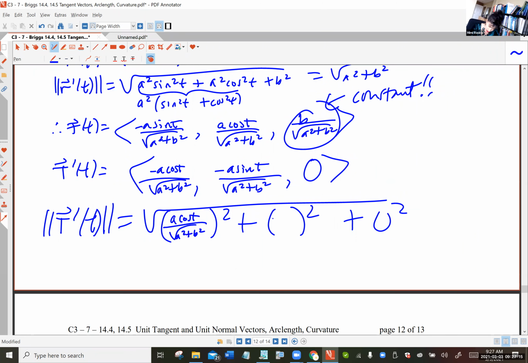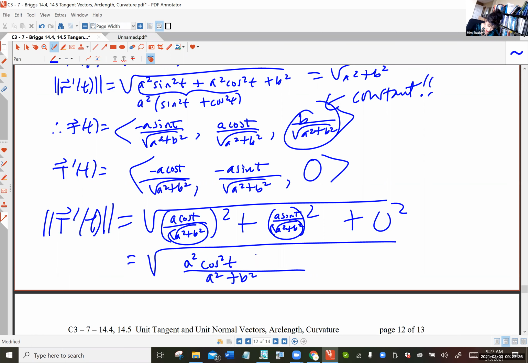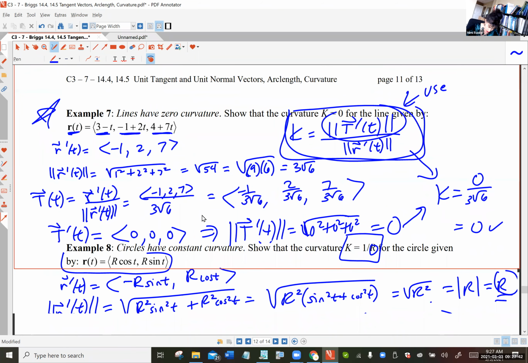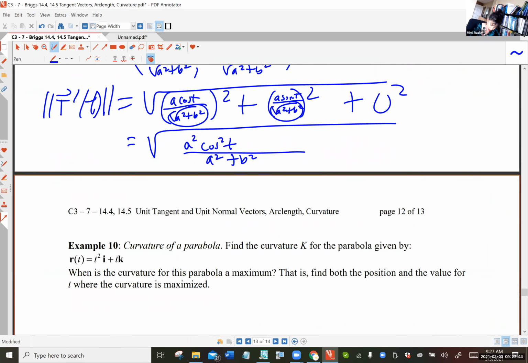And when you square a square root, the radical disappears. So you really have one quotient. That's a squared cos squared t plus a squared sine squared t. My t's look like plus signs, it's awful. My 4's look like 9s and my s's look like 5s, so I can't read my own writing.